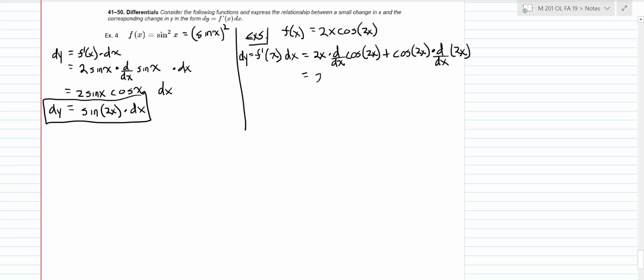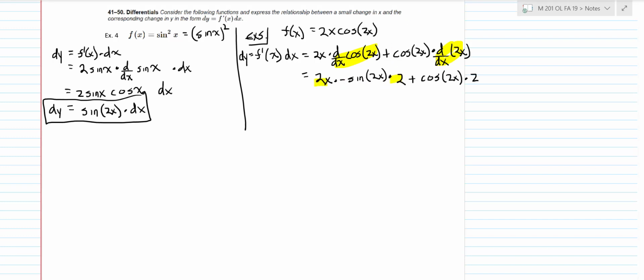All right, so we have 2x. Remember, we're going to do this derivative and that derivative. The derivative of cosine is negative sine, and by the chain rule, we multiply by the derivative of what's inside to get 2. And then from here, we have plus cosine 2x, and the derivative of 2x is 2. I'll clean this up a little bit.